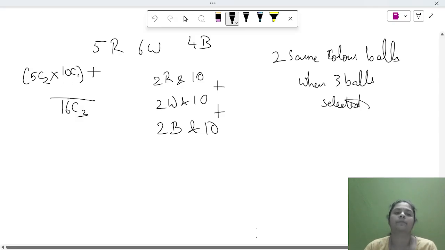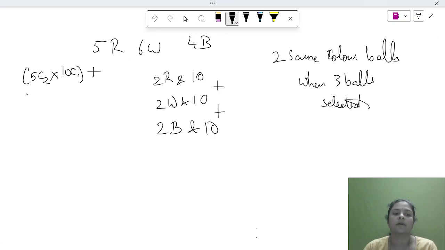or 2 white, so 6C2, and now if you ignore white, the other color balls in this scenario are 5 plus 4, 9, 9C1, plus blue 4C2, and now the other color is 5 plus 6, 11.